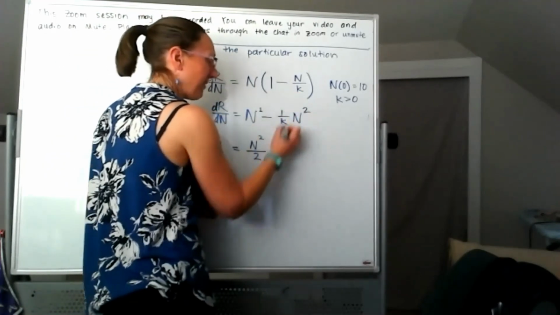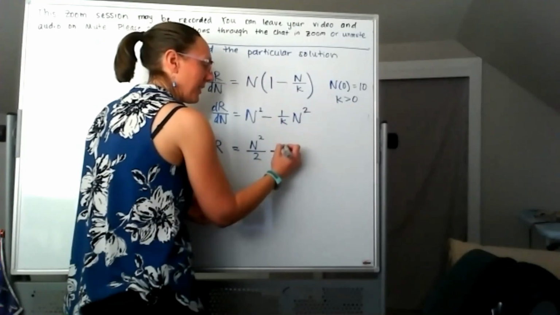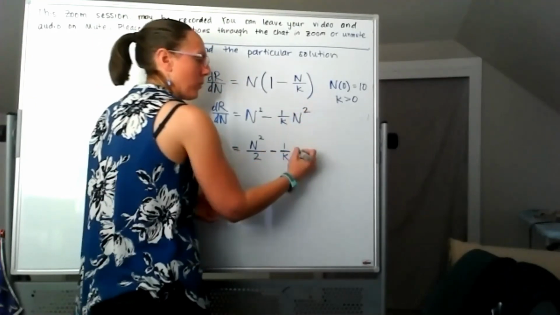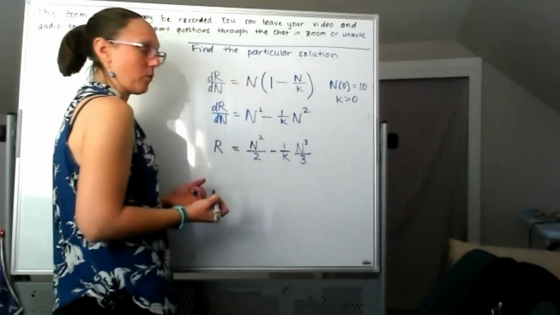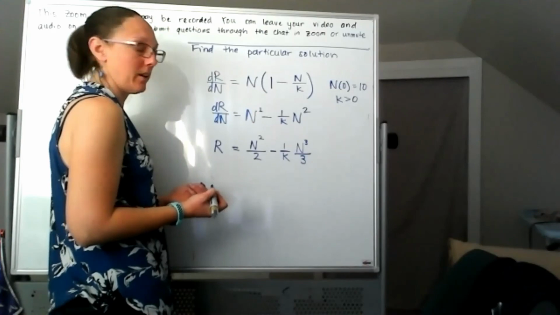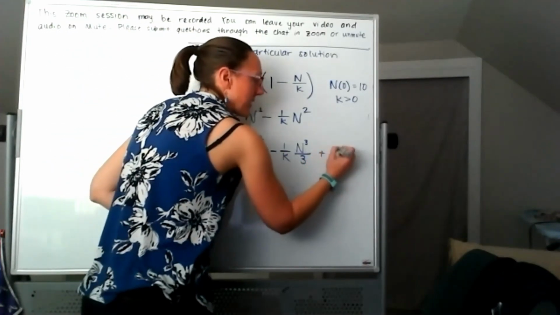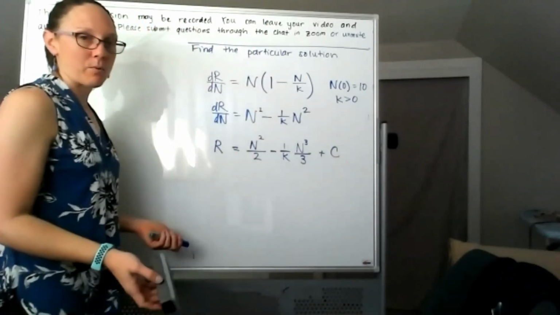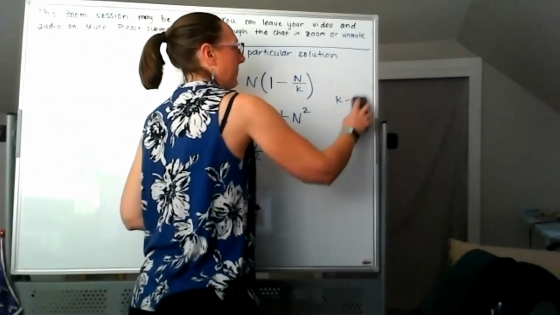Here, I've got to keep that k around, so I'm going to leave that in there as 1 over k, add 1 to the exponent, divide by the new exponent, plus a constant.